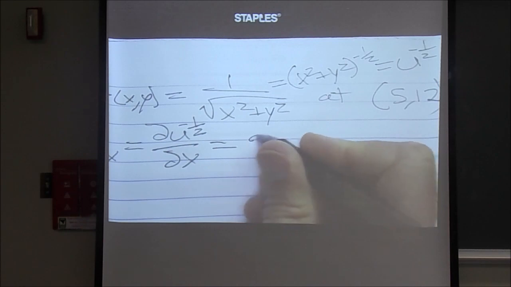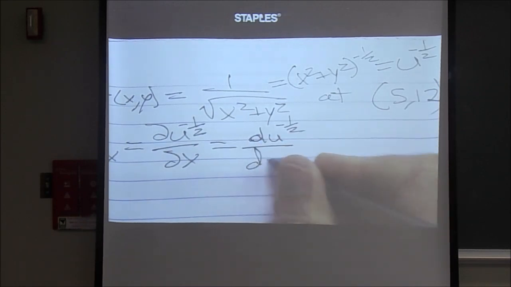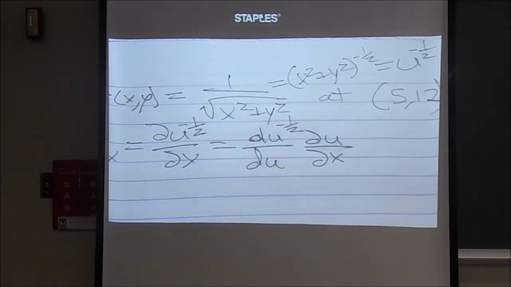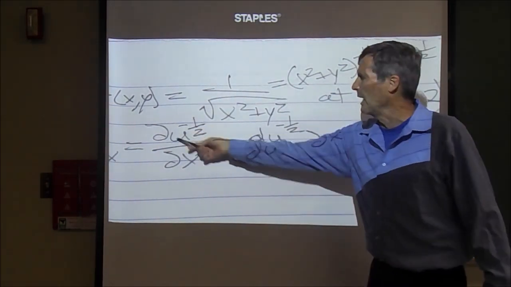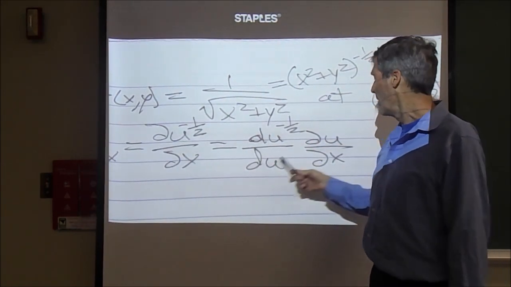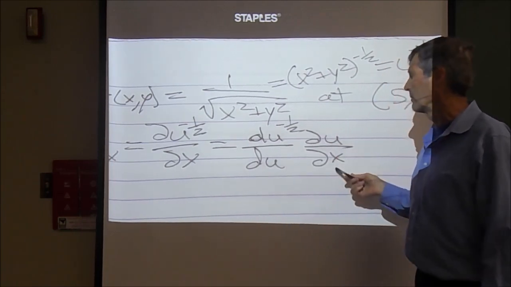Oh, this is the ordinary derivative of u to the minus 1/2 with respect to u, times the partial of u with respect to x. Why do I make one of them a partial derivative and one of them an ordinary derivative? It's because u to the minus 1/2 is a function of only one variable u, so I write an ordinary derivative. But u is a function of two variables, x and y, so I write a partial derivative.